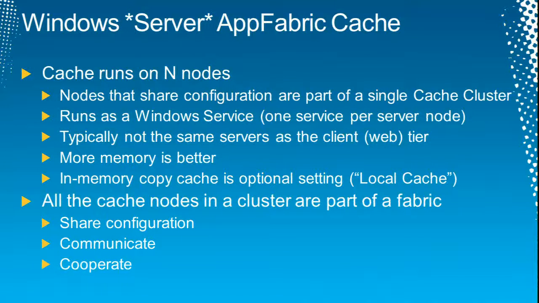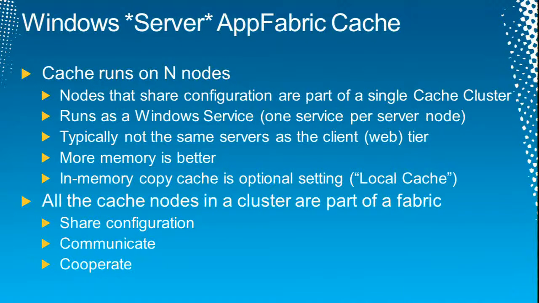Local cache in memory increases performance, but gets us back to the cache coherency problem of any in-memory cache. And of course, you can choose just to cache some data locally. You can control what data gets cached locally, what data gets cached in the distributed cache. You can choose, okay?